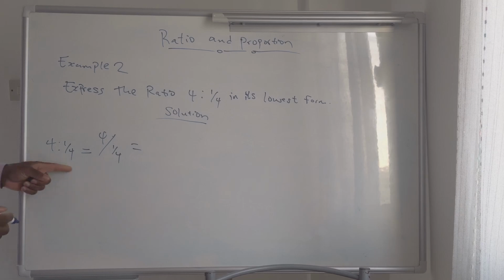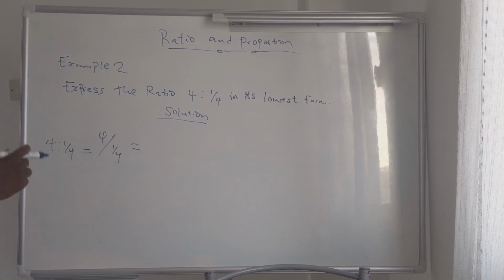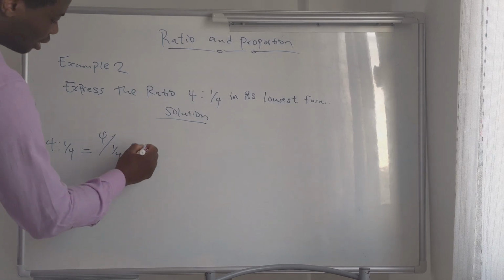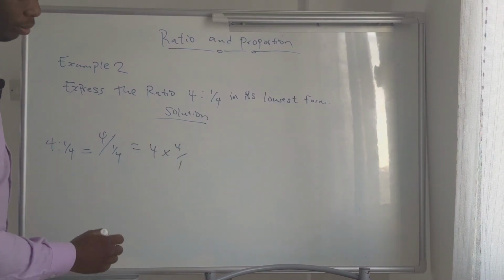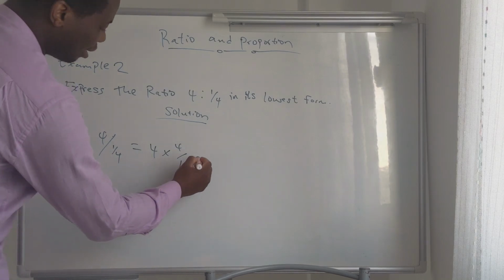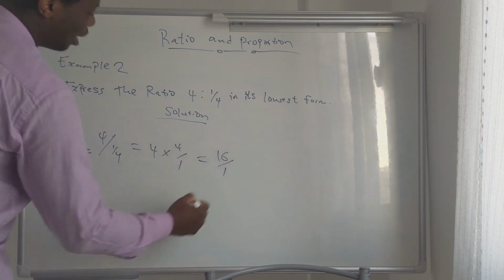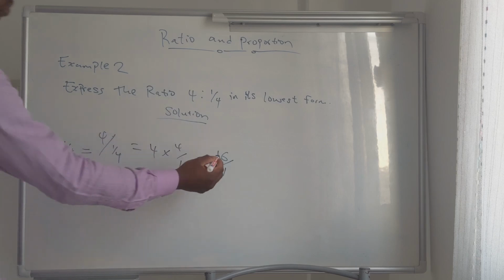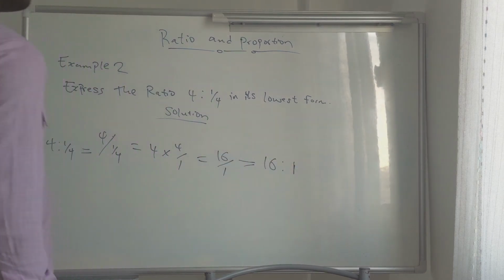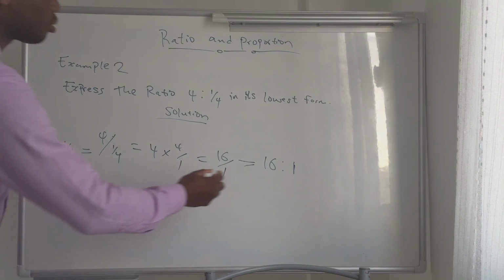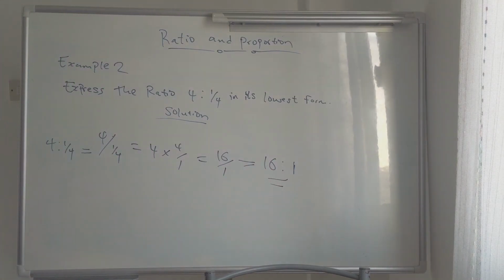If we're changing 4:1/4 to fraction, we can say this is 4/1/4, which is 4 times 4/1. So from here we can say this is 16/1. Now we can convert it back to ratio, which is 16:1. So now we have expressed this in its simplest form.